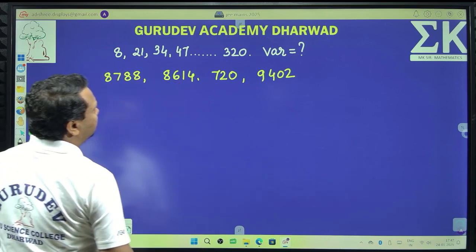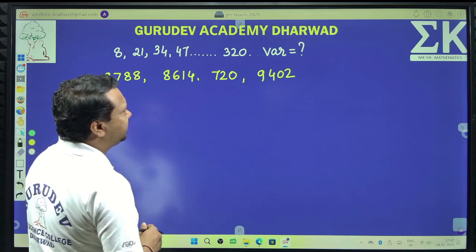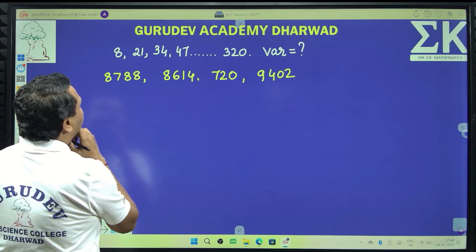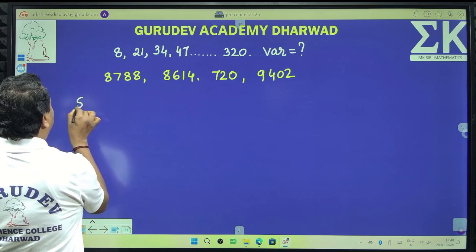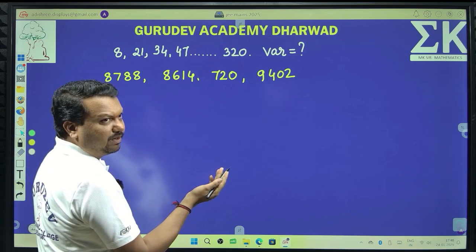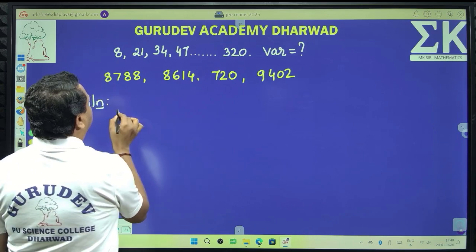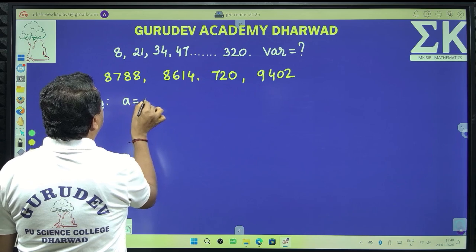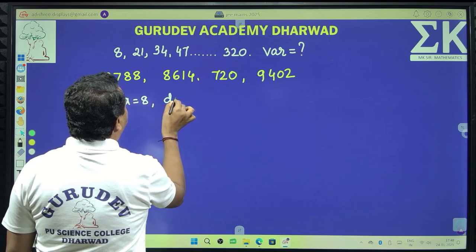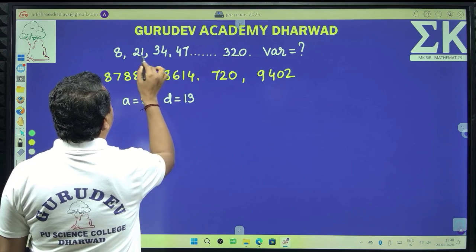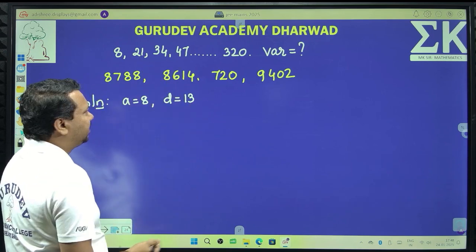Now, to find the variance, first let me understand what the mean value is. To find the mean value, please observe, sum of all observations divided by number of observations, isn't it? If you observe carefully, here the first term is 8, the common difference is 13, because 8 plus 13 is 21, 21 plus 13 is 34, so there is a difference of 13.